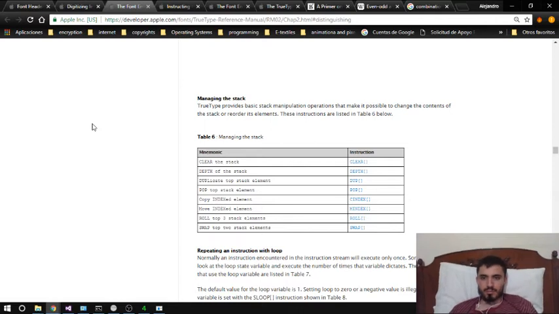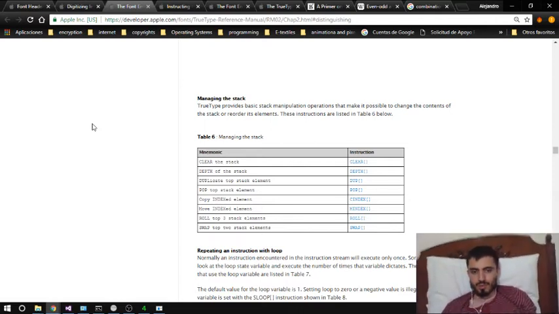Clear, def, depth, pop, syntax, mindex, roll, and swap.